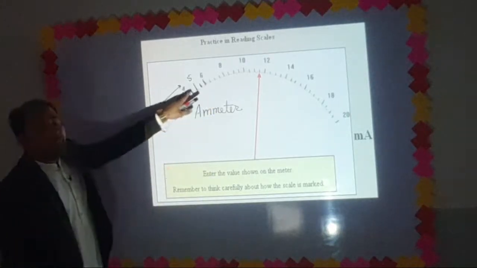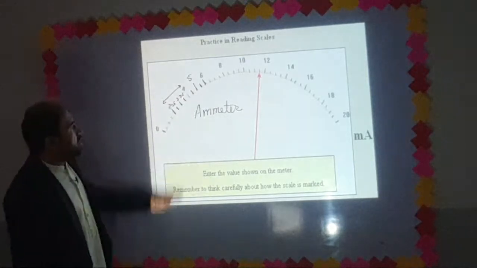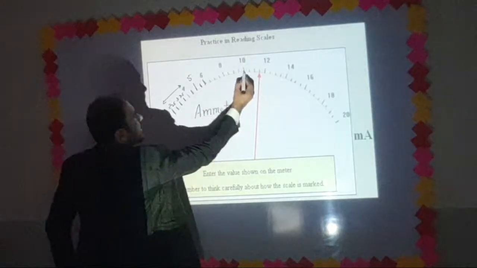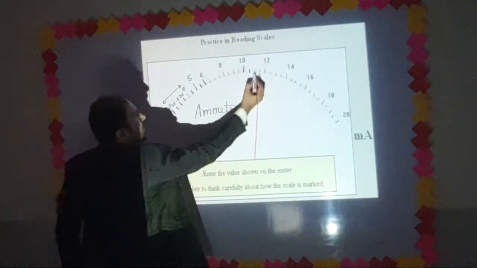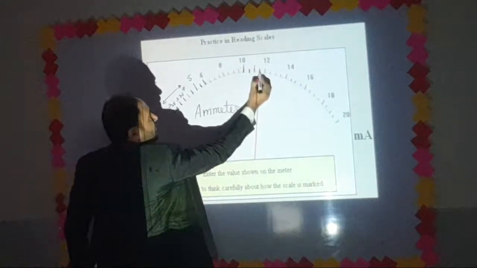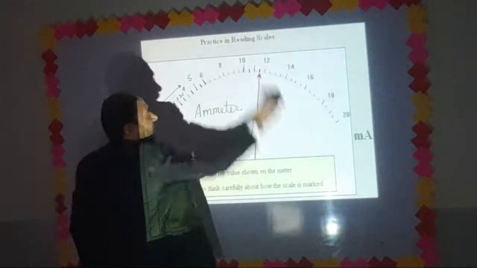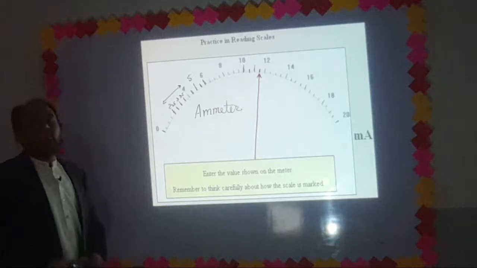So we have predicted the idea of calibration. Each division is showing 0.5. Here is 10. This is 10.5. This is 11. This is 11.5. So the needle is at 11.5. This was the second point.